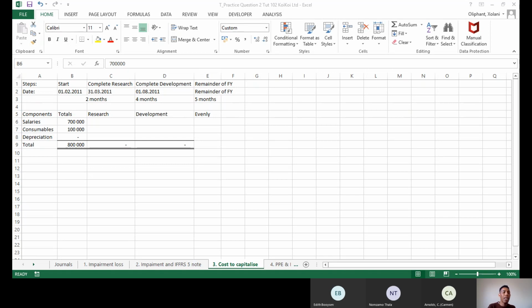So if they say that all these costs were incurred evenly, what would the salaries have been on a monthly basis in order to do this project? What would be the monthly cost for salaries in this regard?